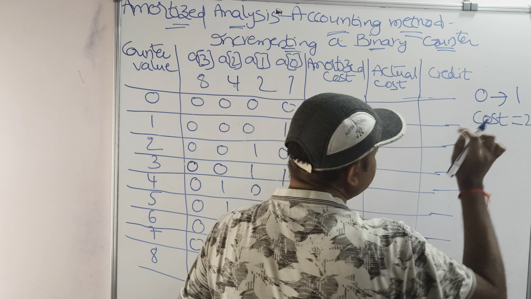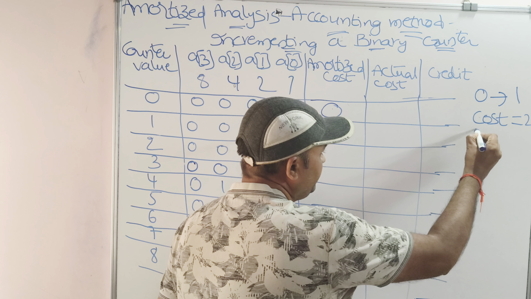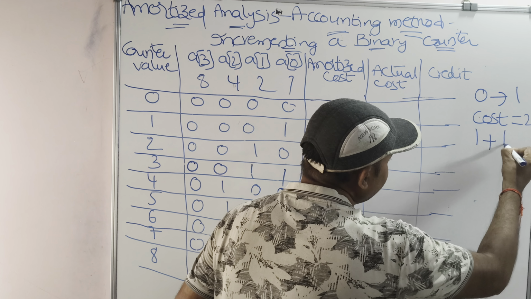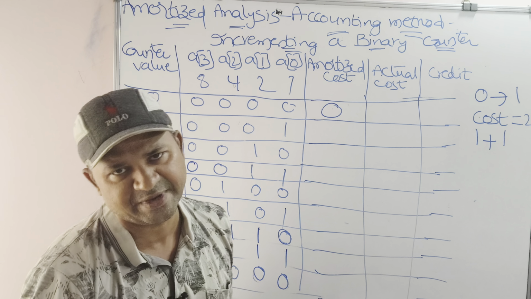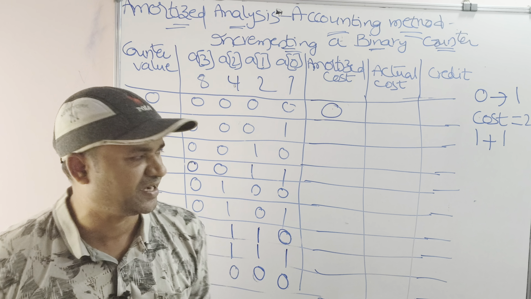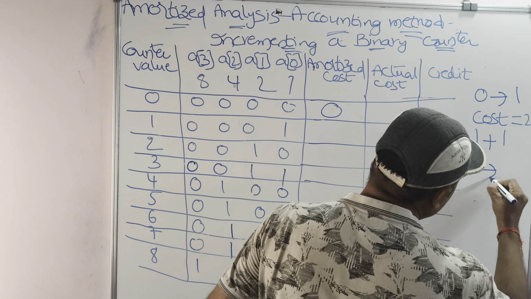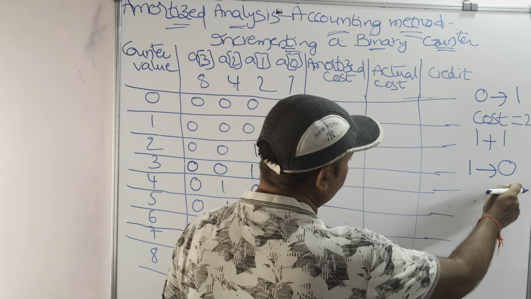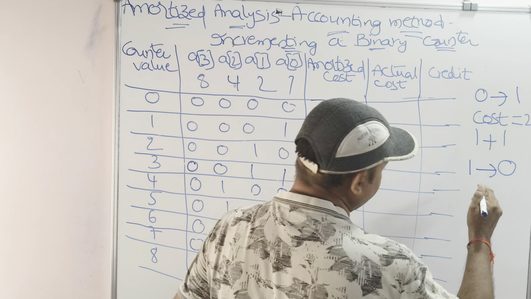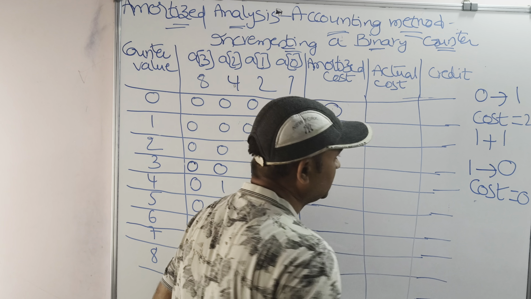So here for the set we are storing 1, whereas another 1 is for credit information. So for storing the credit we are using another 1. Next, if the bit changes from 1 to 0, that means set to reset, then we are assigning amortized cost as 0.